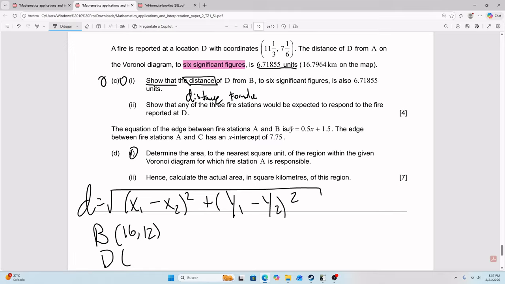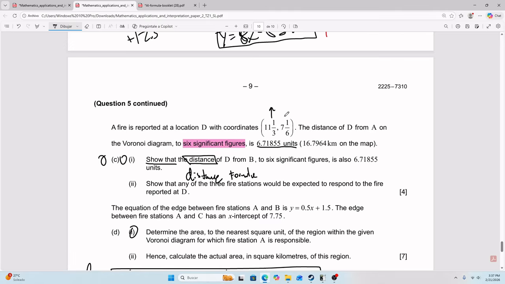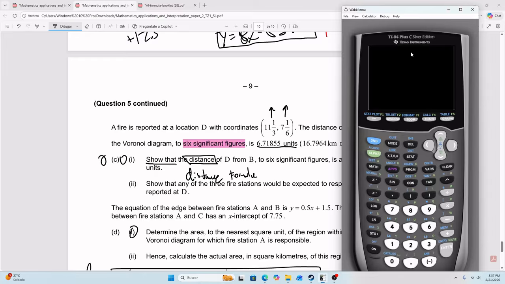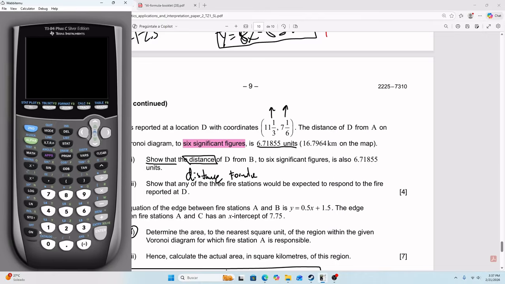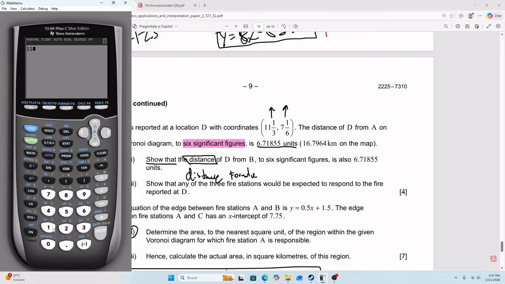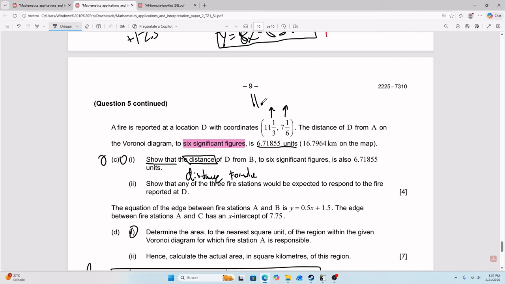And just to plug in more easily, I'm going to convert this to decimals just for a second. So 11 1/3, you can literally do 11 plus 1/3, gives you 11.333. I'm going to put a hat on the 3 to show that it's repeating.